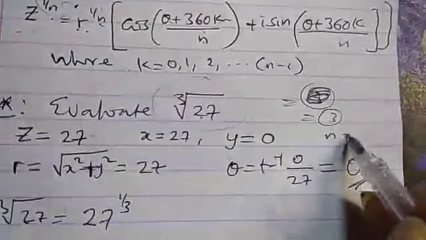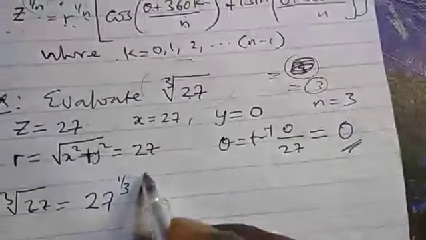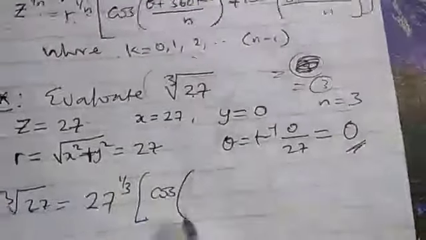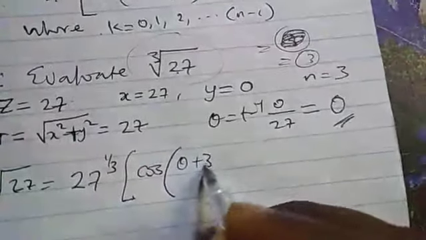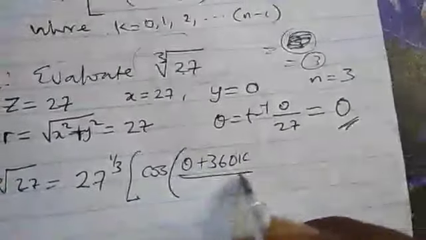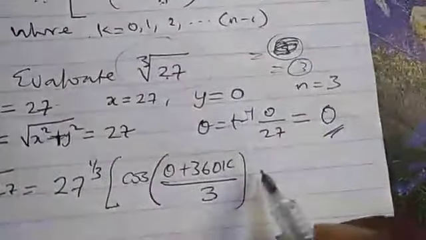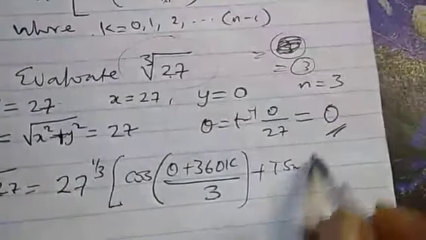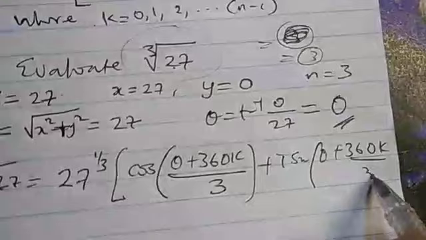So let me put it there. n is 3 because we are looking for the cube root. Into cos, what we have there is theta plus 360k over n. Our theta is 0, so 0 plus 360k over 3, and the same thing for sine, 0 plus 360k over 3.